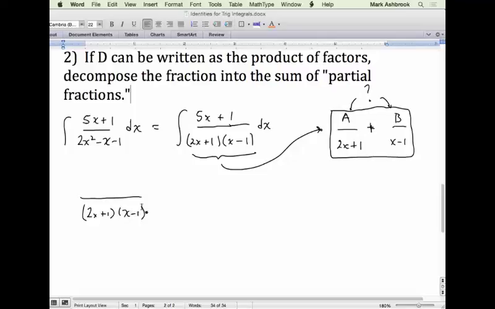What are we doing to get our common denominator? Top and bottom by x minus 1. That gives us, in that first fraction, a times x minus 1. And then what do we multiply top and bottom by here? 2x plus 1. So we'll have b times 2x plus 1.